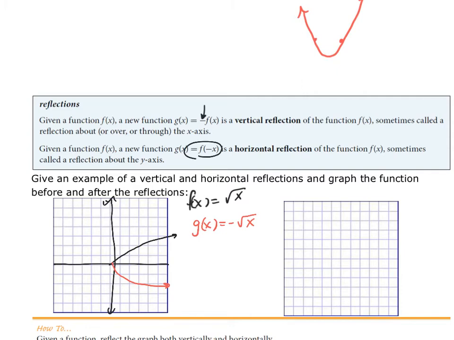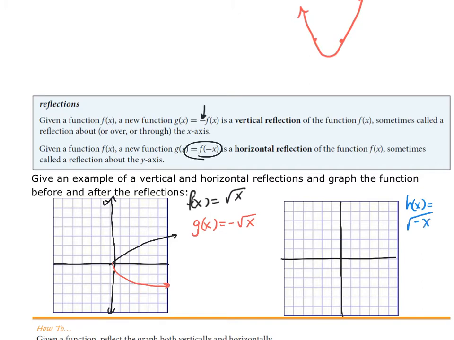Now if it's inside the function, then it reflects across the y-axis. Again, I'm going to use the square root function, but my h of x is going to be equal to the square root of negative x.